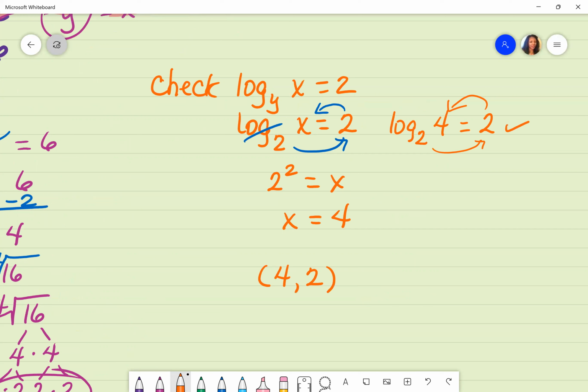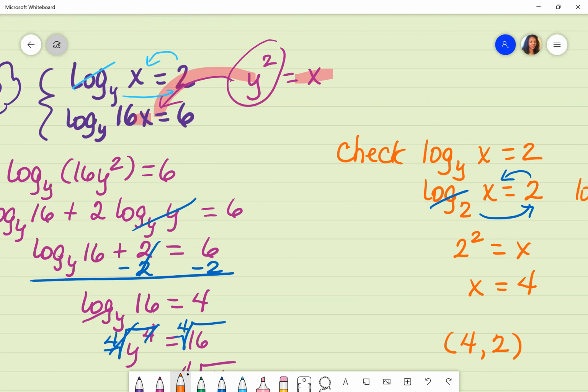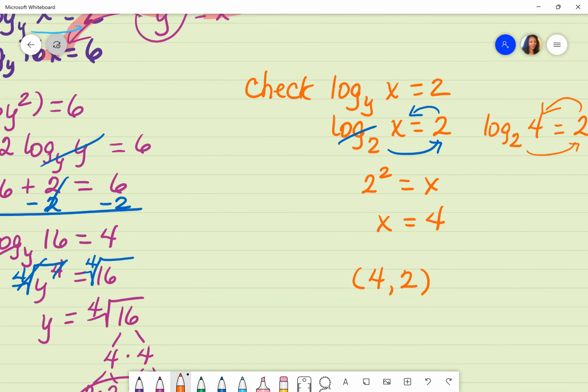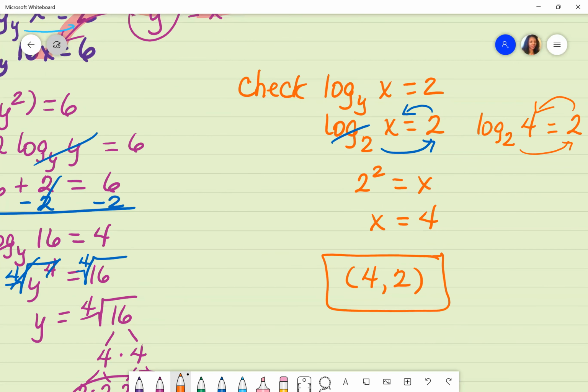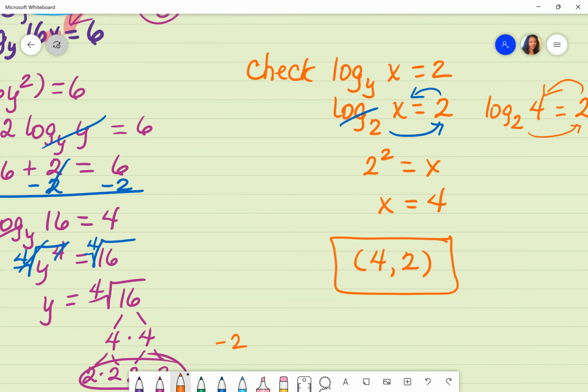So we know that we did this correctly. You can also check all of this in your calculator to make sure you're on the right track. My final answer here would be this, because negative 2 would be an extraneous solution for the fourth root of 16. It wouldn't work. Extraneous solution.